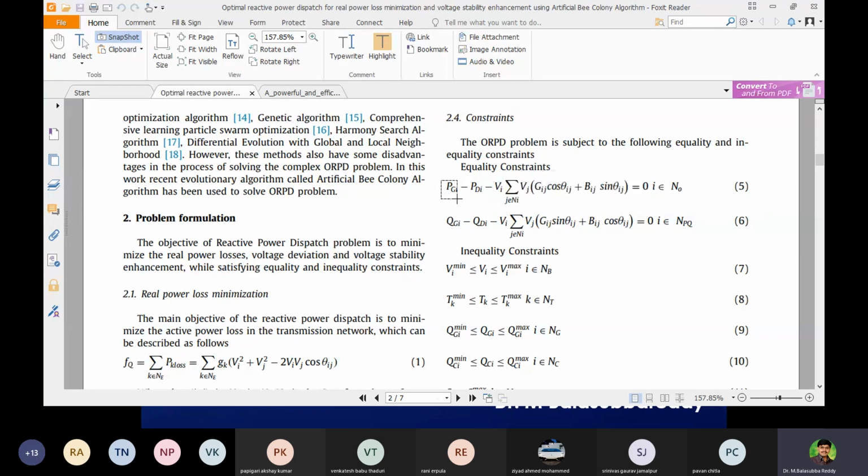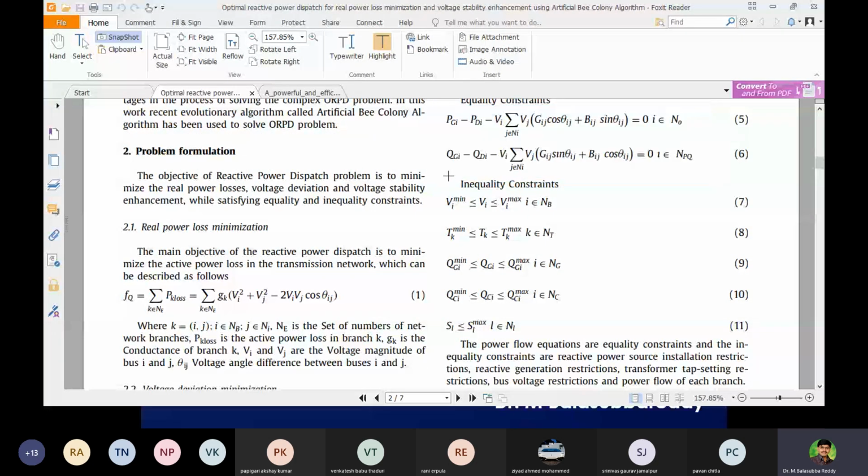So generation must be equal to demand plus loss. That is our equation. Or if you keep everything on one side equal to 0, generation minus demand minus loss is equal to 0. That means the sum of the generations is equal to the total demand plus loss. That is our constraint. It should not deviate. That's why it is very clear that you are fixing that. So we call it an equality constraint. Not only real power, you can consider reactive power also. These we call equality constraints.